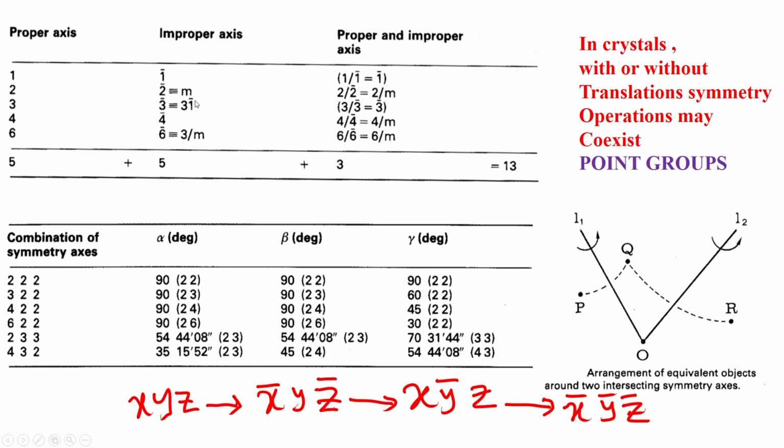Likewise, the 4 bar is similar to 2 bar, but in this particular case there is no separate operation like 3 and 1 bar. In 6 bar there is a separate operation like 3 divided by m. That means threefold symmetry for which there is a perpendicular mirror, and that results in a 6 bar symmetry.